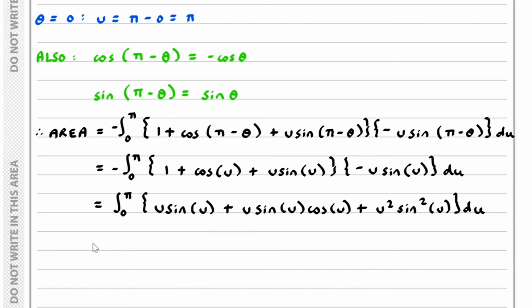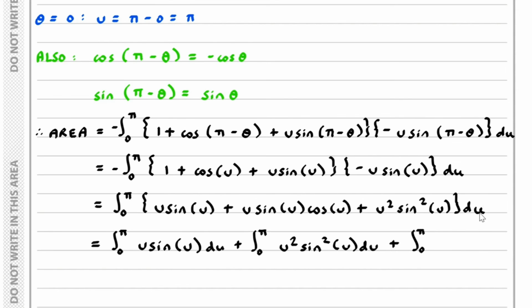So I've got the integral from 0 to pi of u sine u du plus the integral from 0 to pi of u squared sine squared u du plus the integral from 0 to pi of u sine u cos u du.